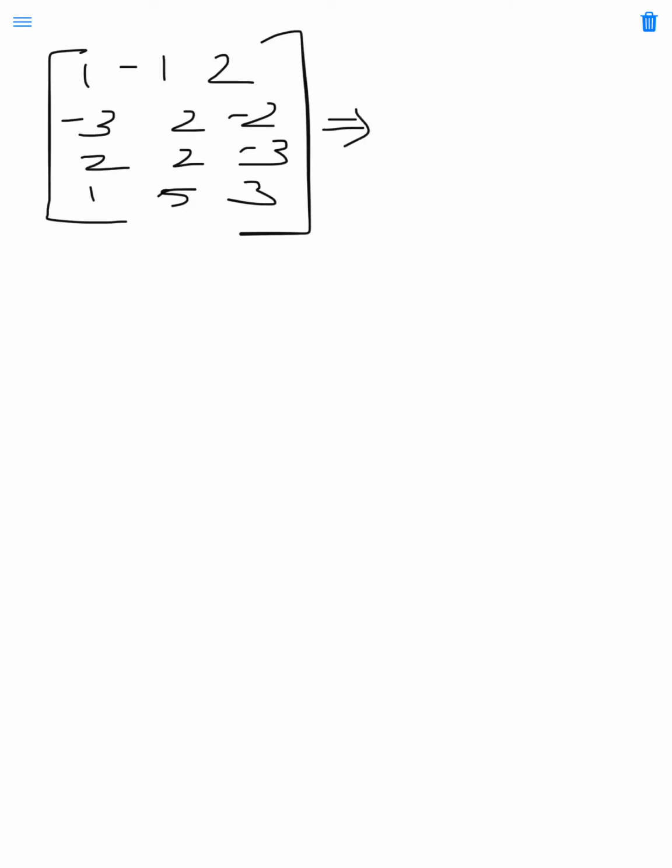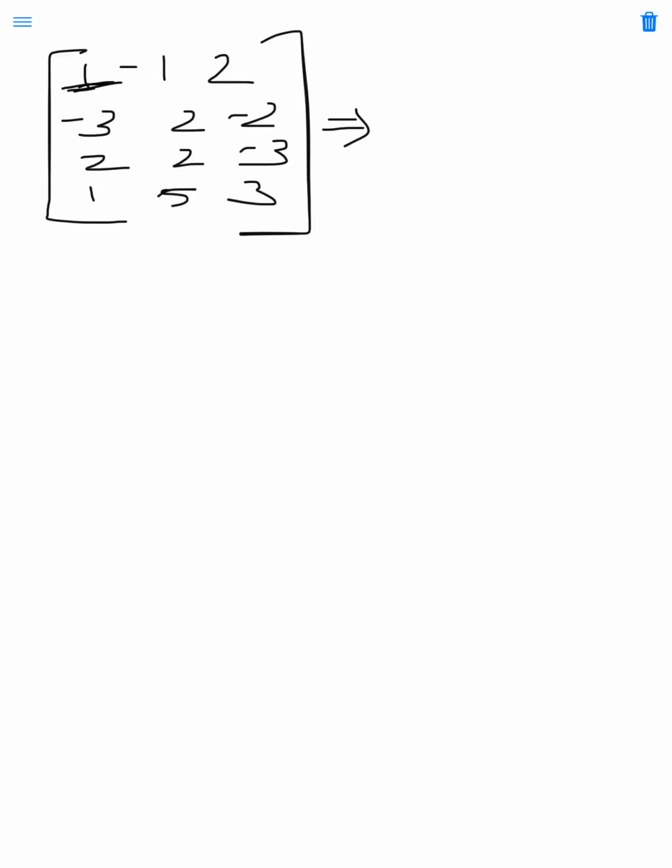Okay, now perform the operation. This is the pivot, that is a leading non-zero value. Here it is 1, so that can be considered as a pivot. Now you need to make the elements below it 0, and also the diagonal elements can be made 1, so that it forms a row echelon form.